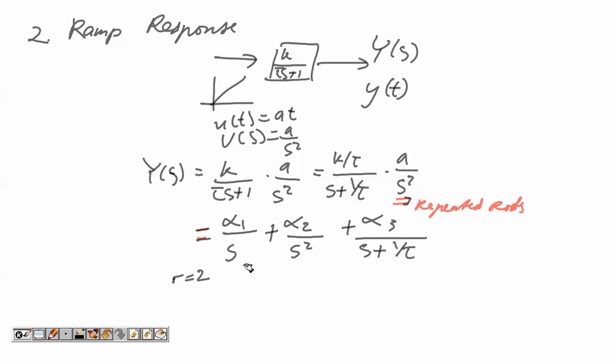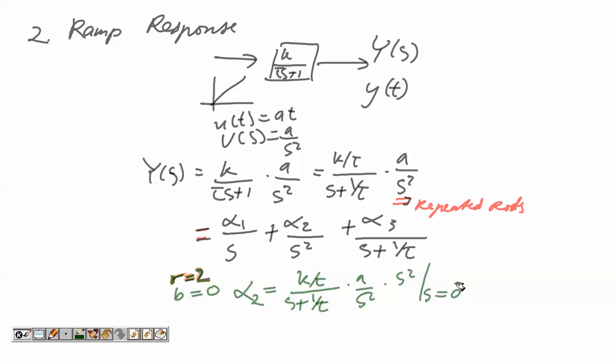So from the repeated root, here r is 2, and s is 0, then alpha 2 is k over (tau s plus 1) over tau, a over s squared times s squared, with s set to 0.